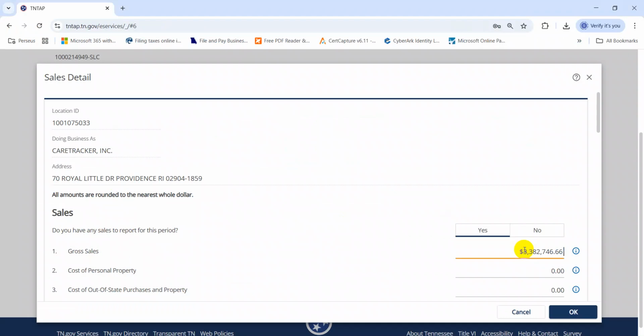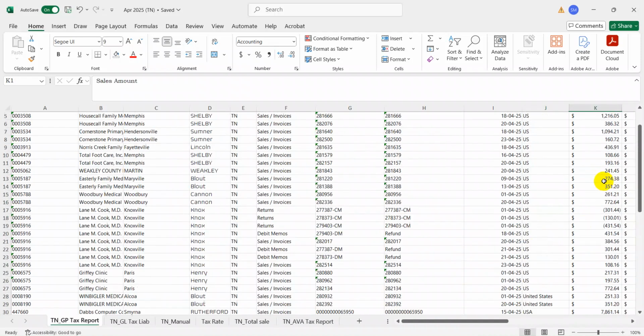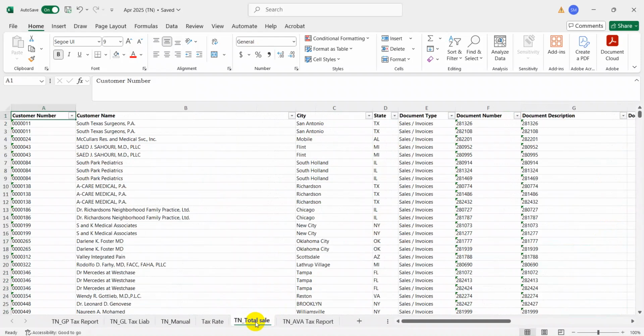Now why am I reporting these sales? If you see on my spreadsheet, the total sales are $32,526.53. But on my spreadsheet you can see the total sales are these. So the other amount which I'm taking from this sheet are the sales which are made in the US but outside of Tennessee state.